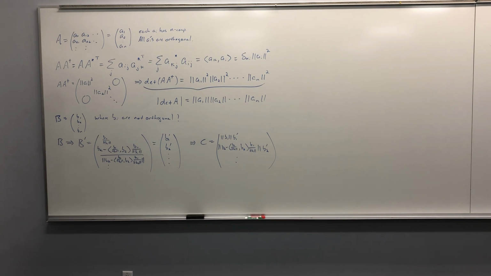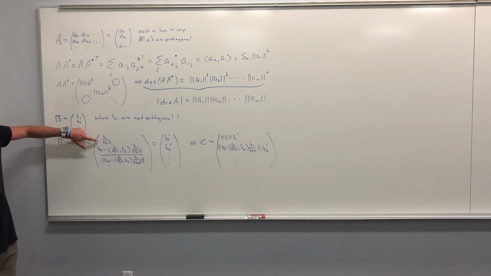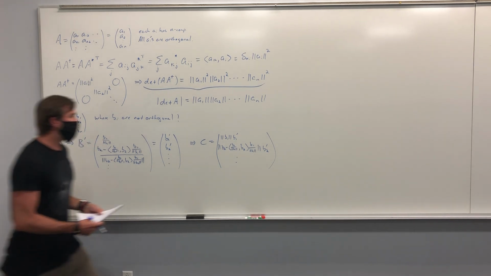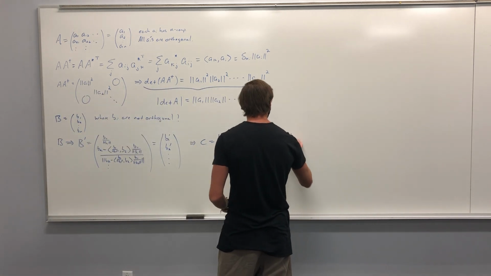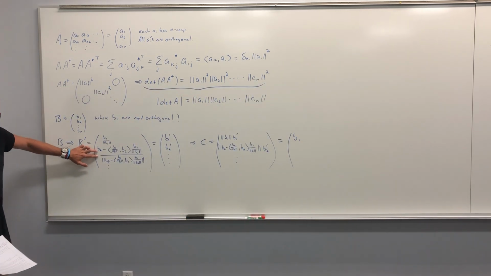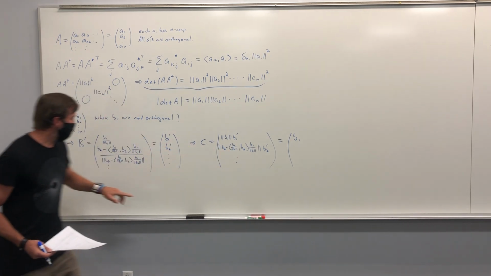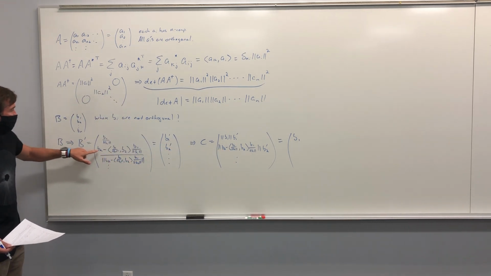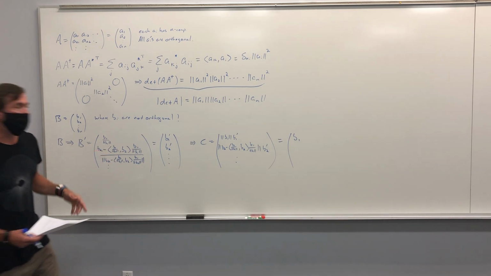Is that just unnormalizing it? Well, what exactly is it doing? Yeah, it's unnormalizing it. So here, the magnitude of B1 cancels the magnitude of B1 in the denominator. Okay? So this element is just B1. However, the second element is multiplied by the normalization factor, so the denominator disappears, but I am left with the numerator.